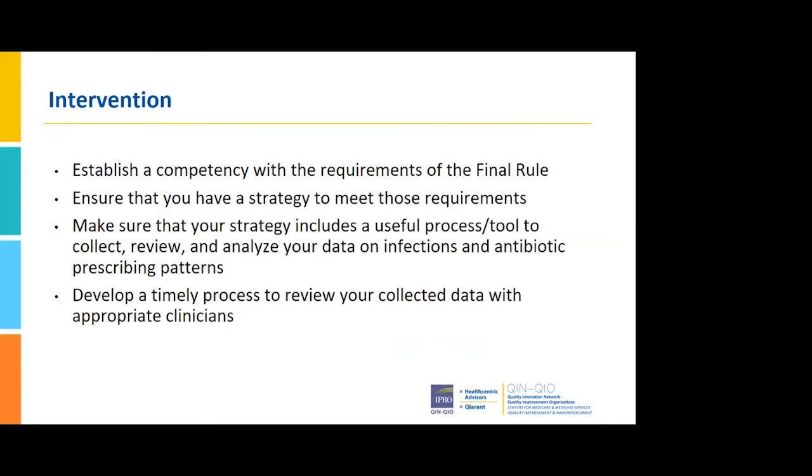You need to ensure that you have a strategy to meet those requirements from that rule itself. You need to make sure that your strategy includes useful processes and tools to collect and review and analyze your data on both infections and antibiotic prescribing patterns. And you need to develop a timely process to review your collected data with the appropriate clinicians.